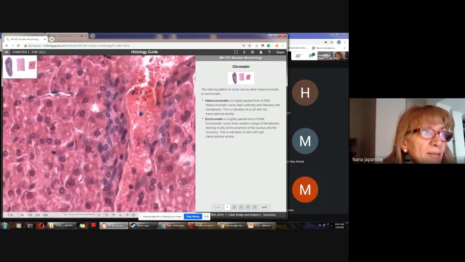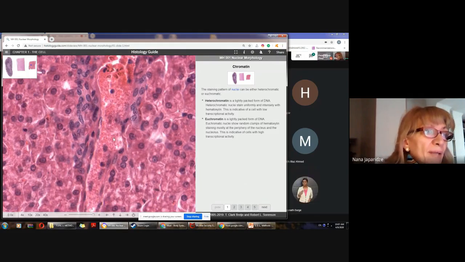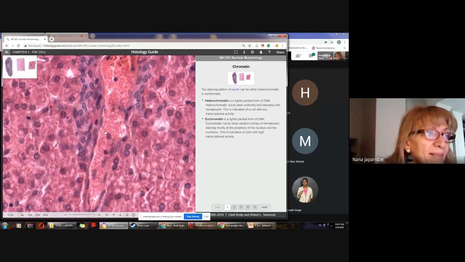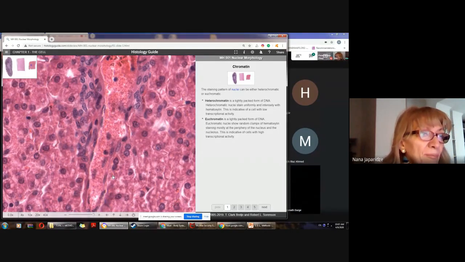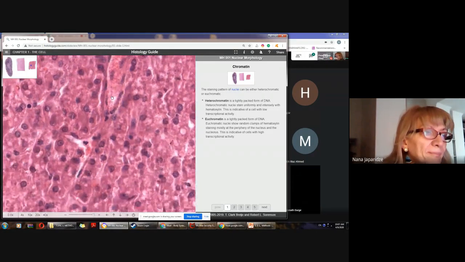RBCs have no nucleus. That is why they are stained pink to red. But these cells in the blood vessel, you can see the dark stained nucleus of leukocytes.